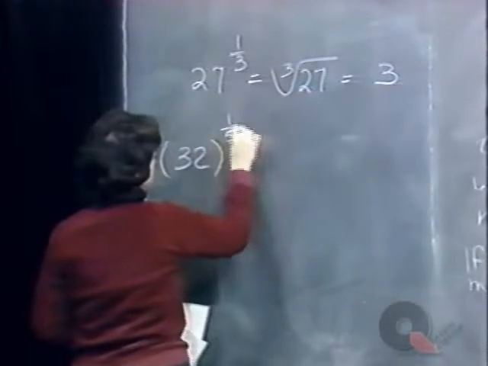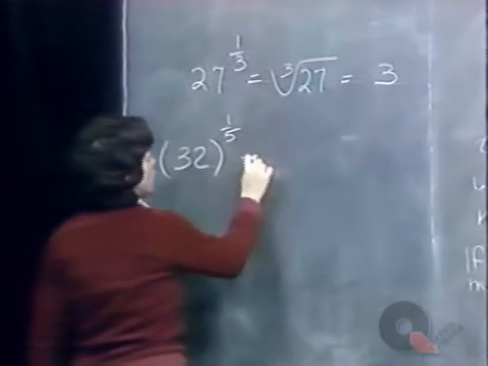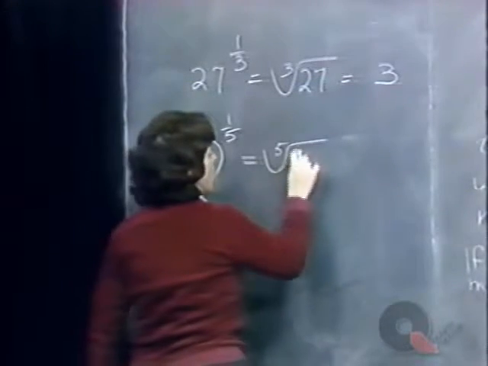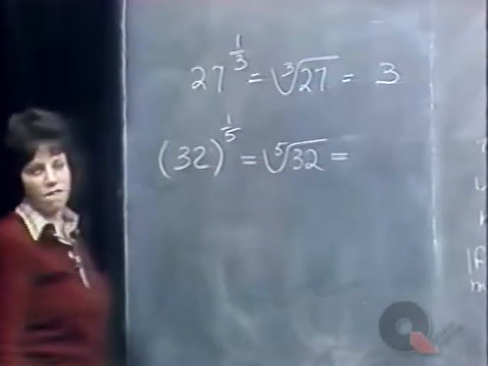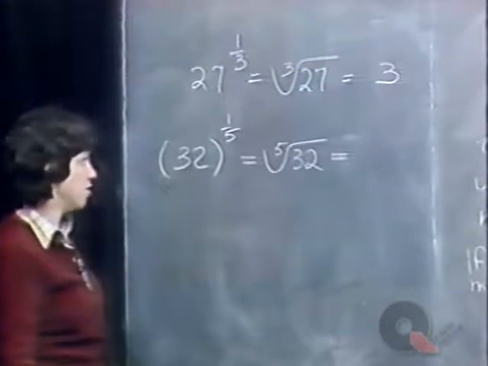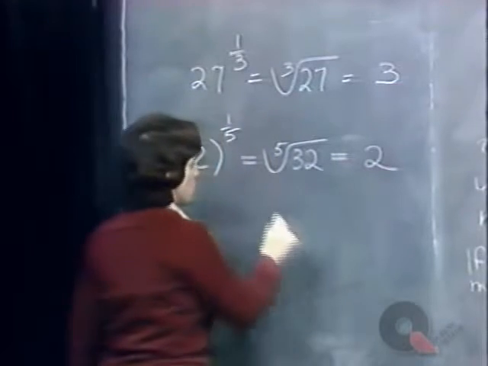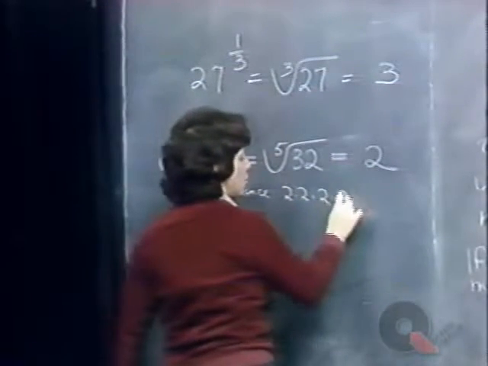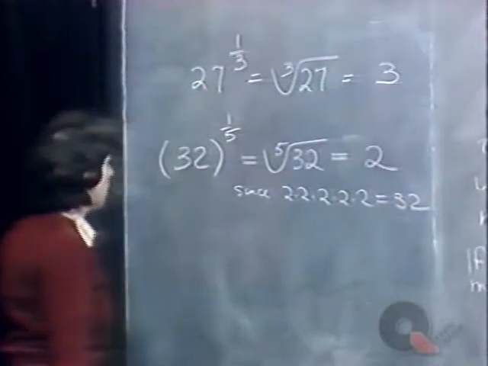You can put parentheses in or leave them out as long as it's clear. This is the fifth root of 32. I am looking for a number which, when multiplied by itself 5 times, gives us 32. This particular one happens to come out exact. It's equal to 2, since 2 times 2 times 2 times 2 times 2 equals 32.